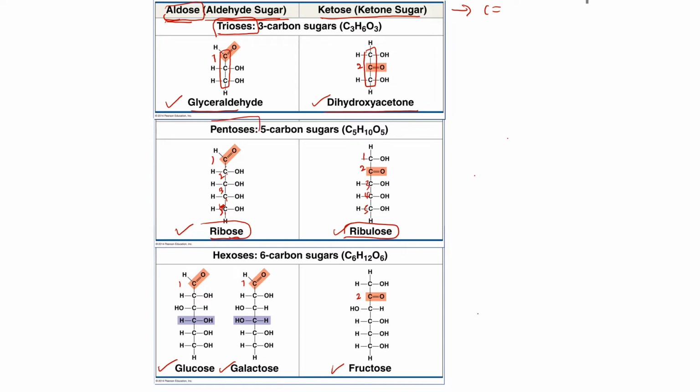So these are known as pentoses, which are 5 carbon sugars, and the molecular formula is C5H10O5. For trioses it is C3H6O3. And then the last one is hexoses, which have 6 carbons in the sugar molecule. So we have glucose, galactose and fructose, which, as we know, are the most common monosaccharides.